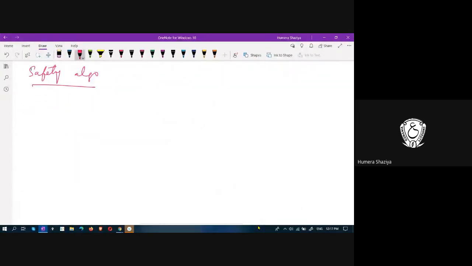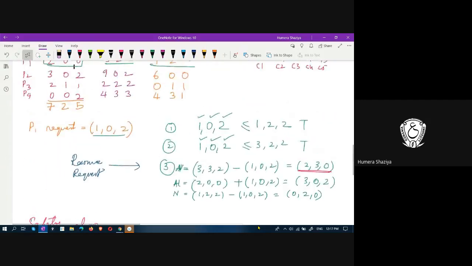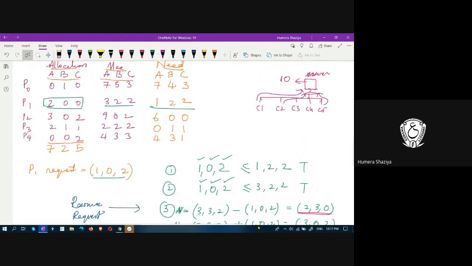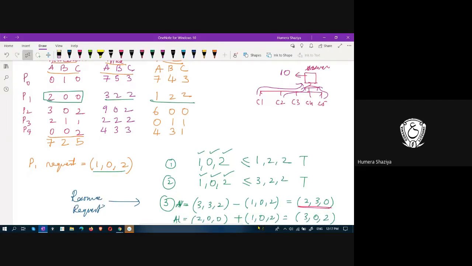So P0, P1, P2, P3, P4. And what are the allocated resources? P0 is 0, 1, 0, the same. Where is the change? Change occurs only in P1, because P1 has requested 102, and when you add 102 to 200, you get 302.